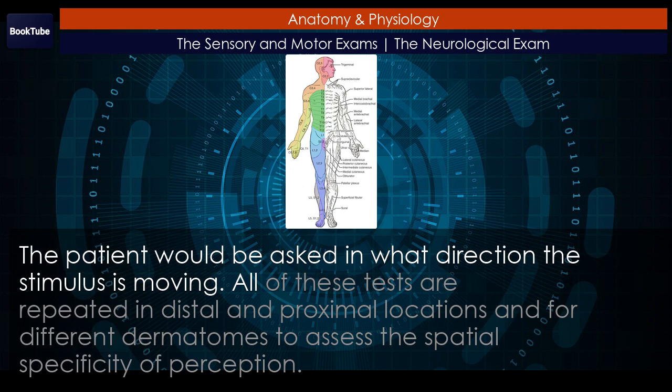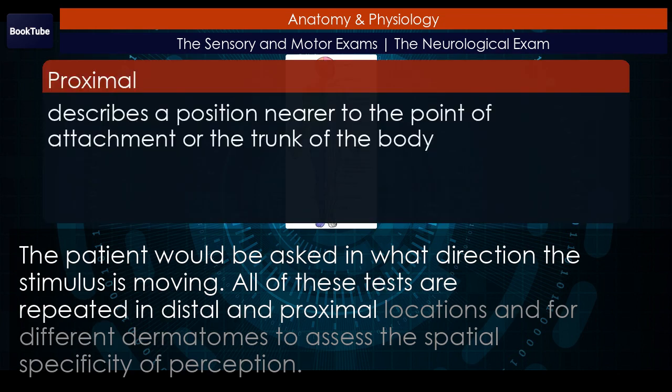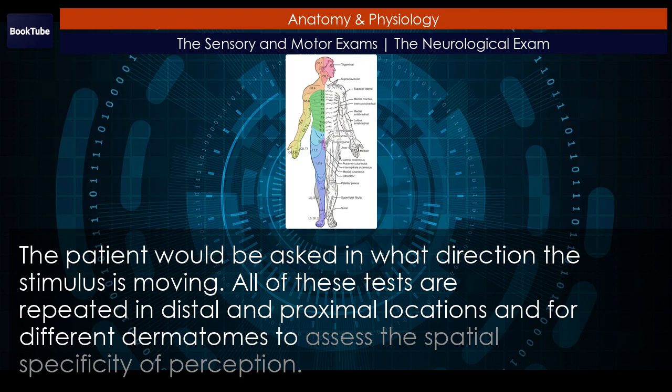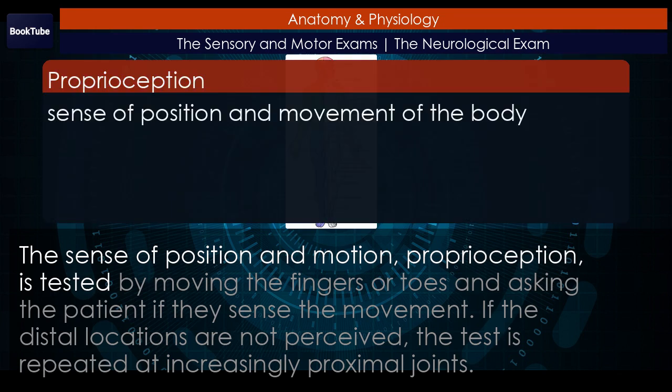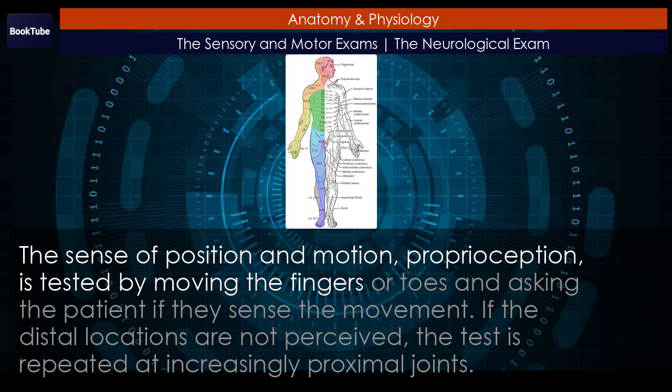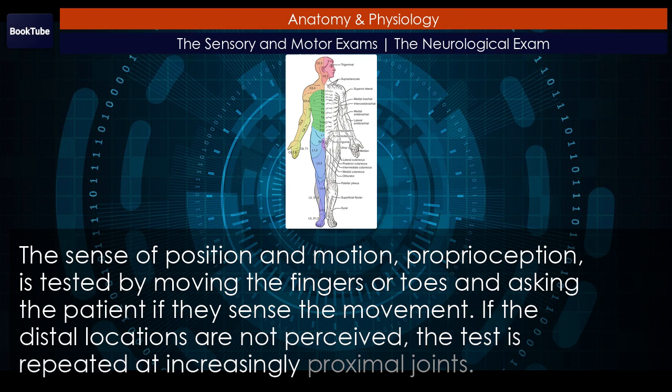All of these tests are repeated in distal and proximal locations and for different dermatomes to assess the spatial specificity of perception. The sense of position and motion, proprioception, is tested by moving the fingers or toes and asking the patient if they sense the movement. If the distal locations are not perceived, the test is repeated at increasingly proximal joints.